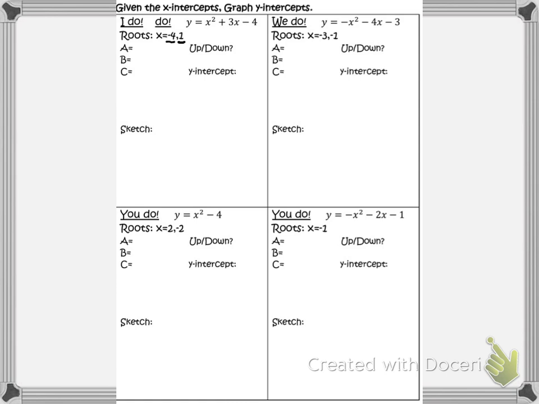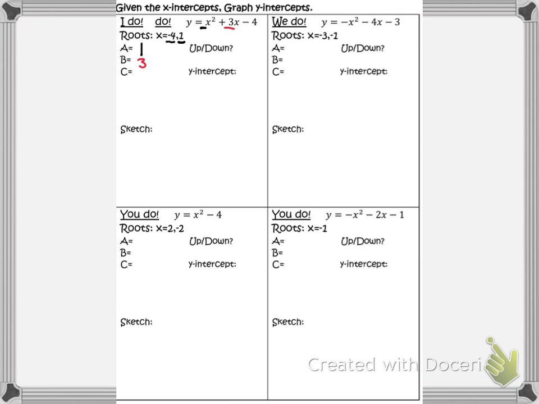Alright, so we're going to start off with the A, B, and C. So for this one, my A value will be the number right here, which is going to be 1. My B value will be this number. Let me change the color for you guys. My B value will be 3.